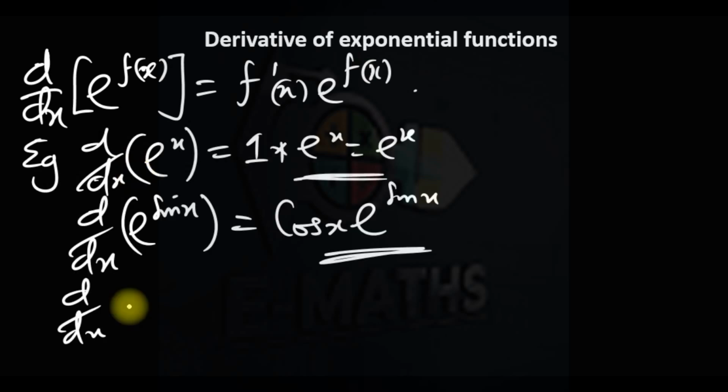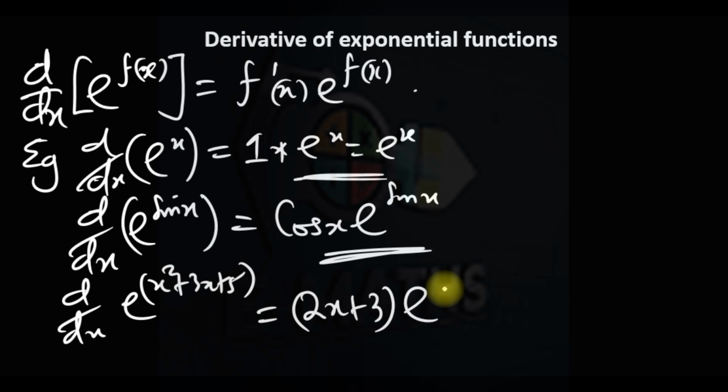It's very simple. If you are asked to find the derivative of e raised to the power x squared plus 3x plus 5, the answer is 2x plus 3 times e raised to the power x squared plus 3x plus 5. So that's the first thing.